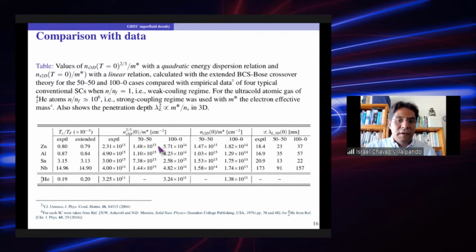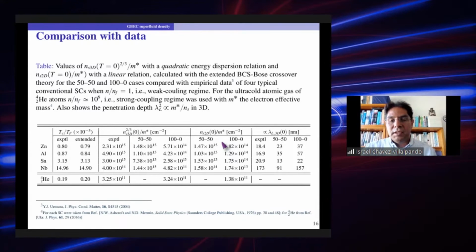The interesting aspect of this table is that, once again, the superfluid density in the 3-dimensional system takes the quadratic dispersion relation, and here the superfluid density in the 2-dimensional system uses the linear energy dispersion relation. So you can see that the 50-50 case matches the experimental data.